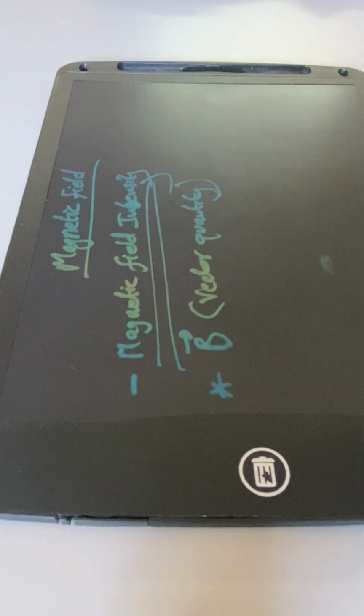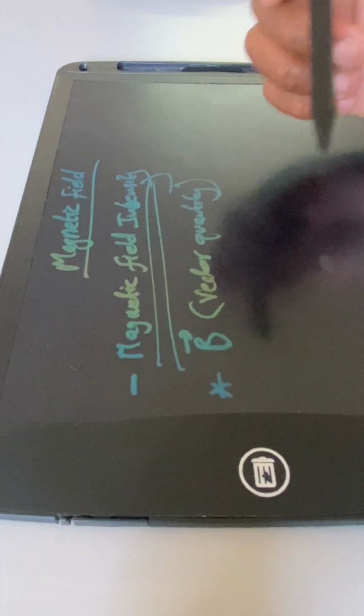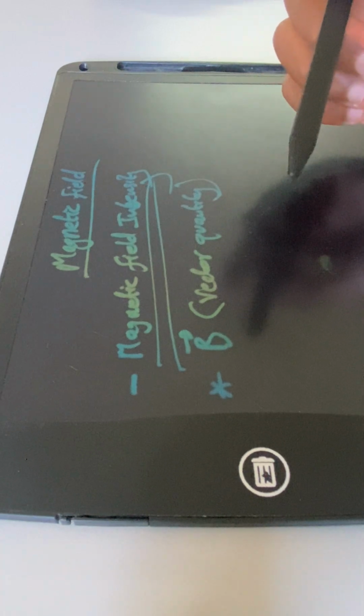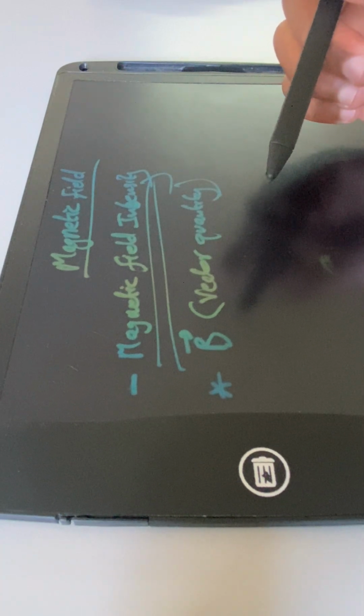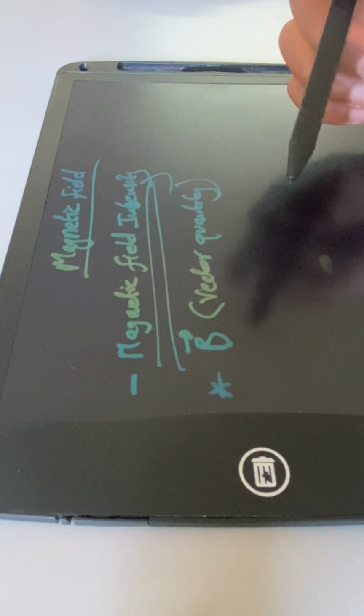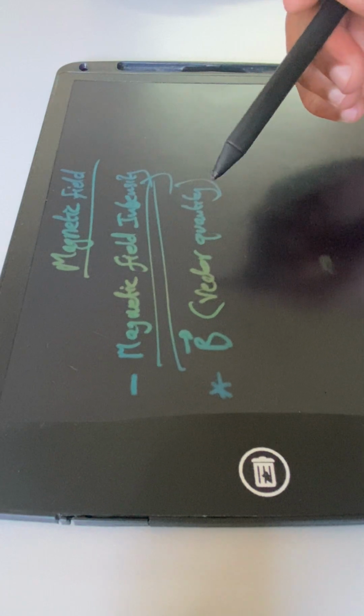So each and every magnet has a magnetic field around it, right? And that magnetic field actually depicts or tells us about the magnetic field intensity of that magnet.